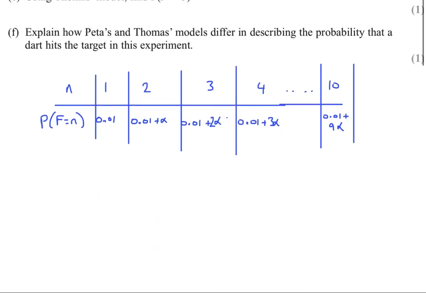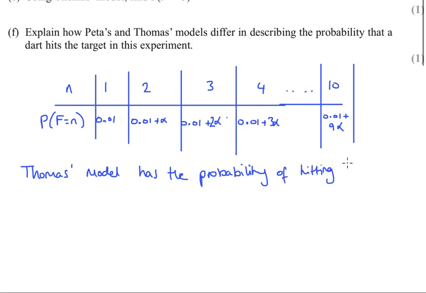So that's the big difference, that Thomas's model has the probability of success, the probability of hitting the target, as increasing the more times they try, the more goes they have.